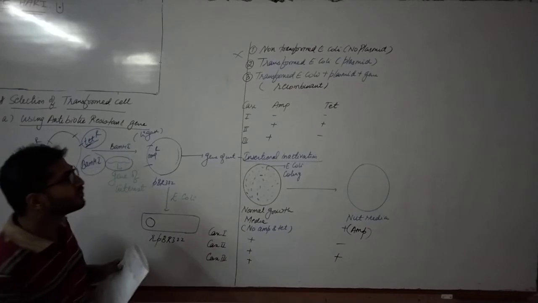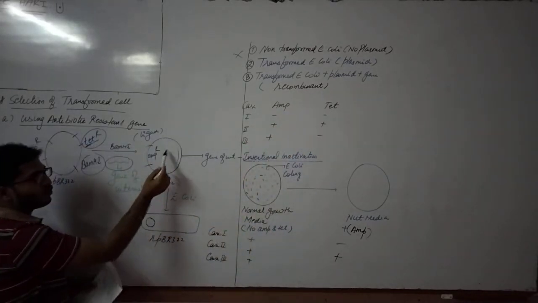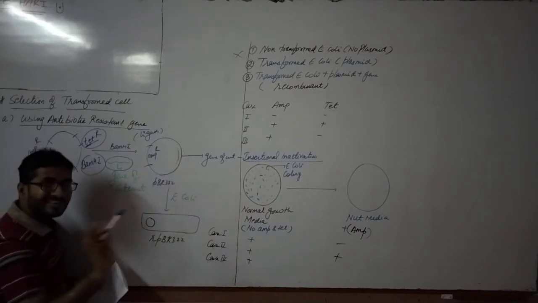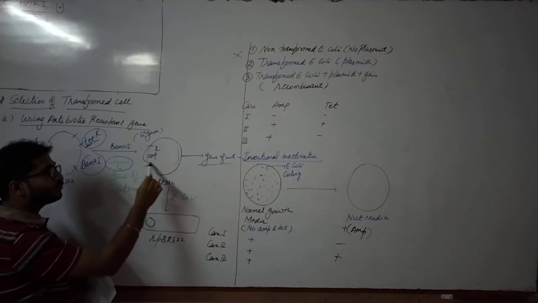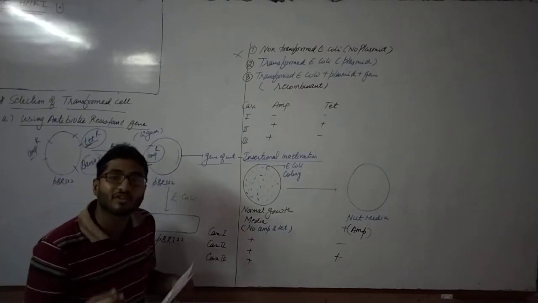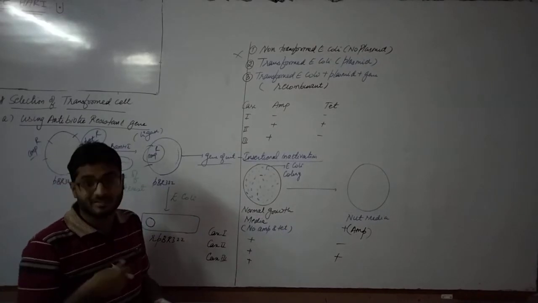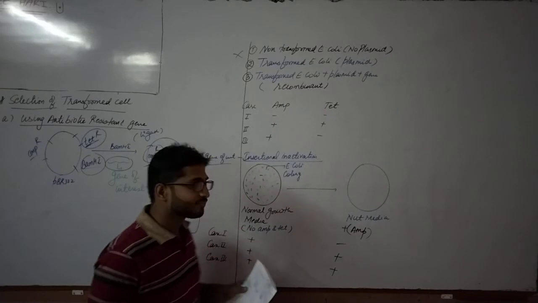The third is a transformed cell, a recombinant one. Tetracycline resistance is lost because of the gene of interest, but ampicillin resistance we have not touched yet. It is still intact, so the bacteria will be resistant to ampicillin and will grow. So, positive sign.